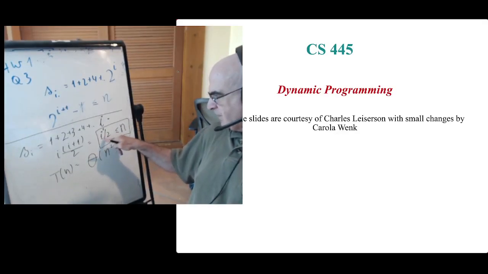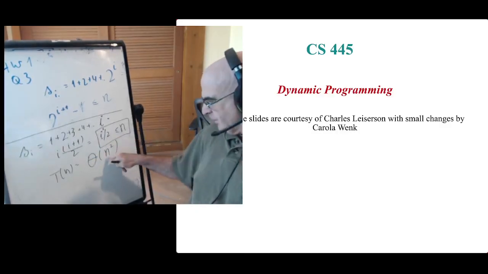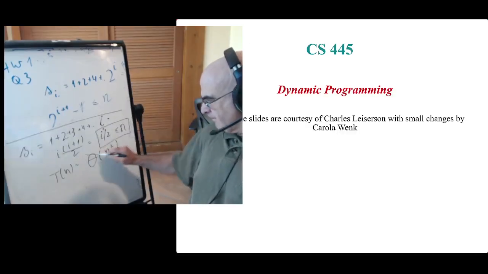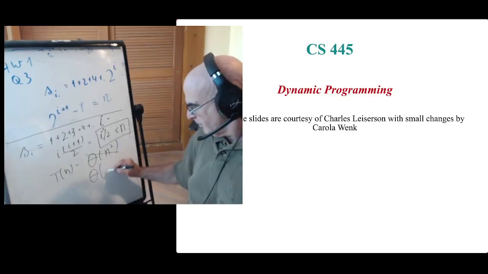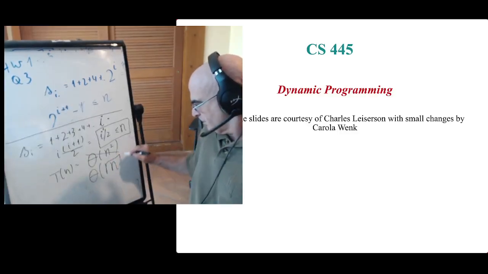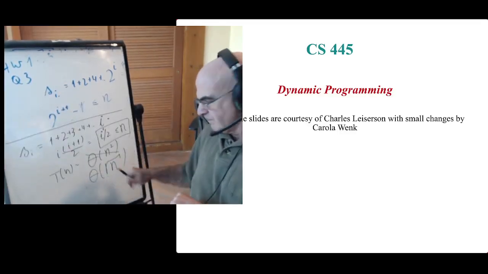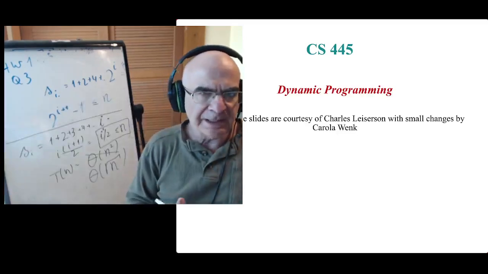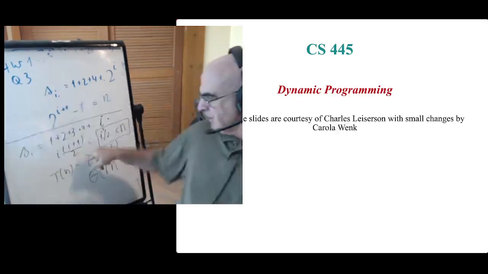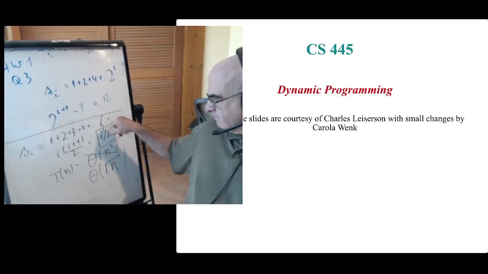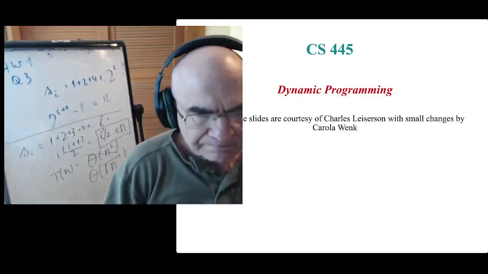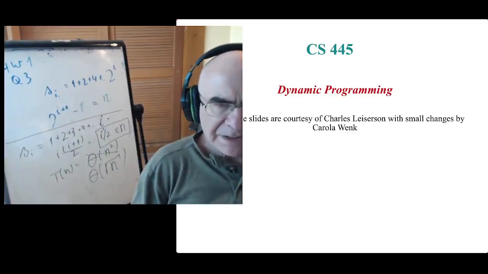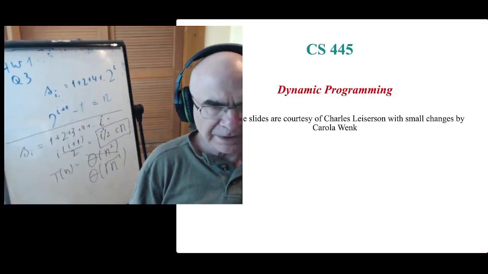It behaves like i squared, but the running time is not theta of n squared, it is instead theta of square root n. That's because you can only have square root n many iterations until the sum starts to become larger than n. So those were mistakes that I saw in quite a few homeworks.